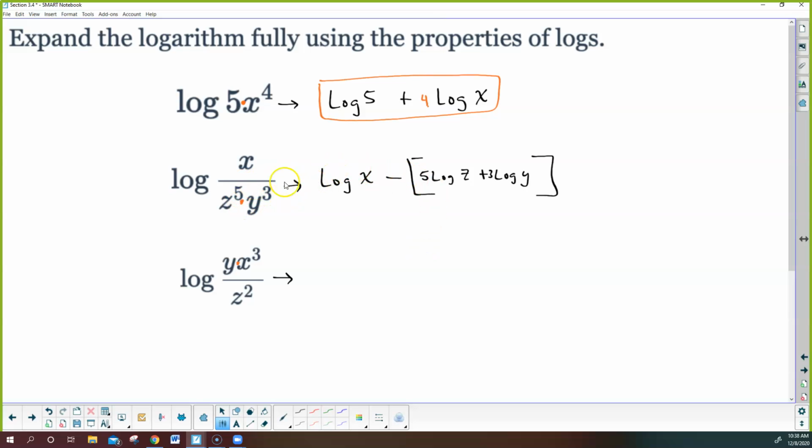Now the only thing I didn't do was distribute this negative, and I wanted to do that as a separate step because note that this whole piece is being subtracted because it's all in the denominator. So then my final answer would be distributing a negative to each item.